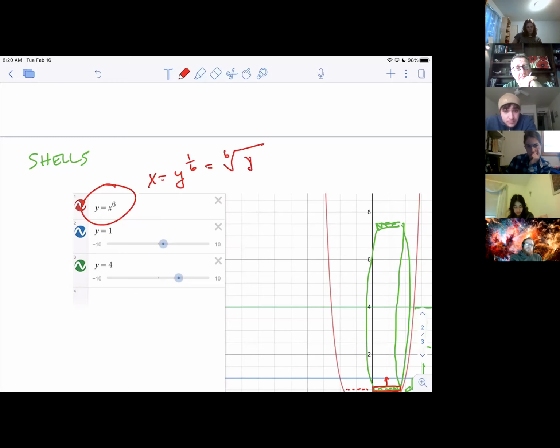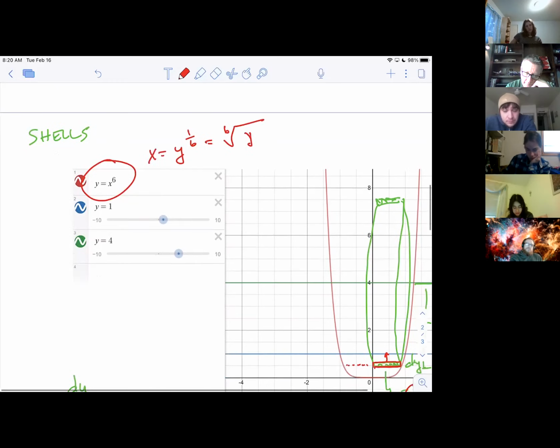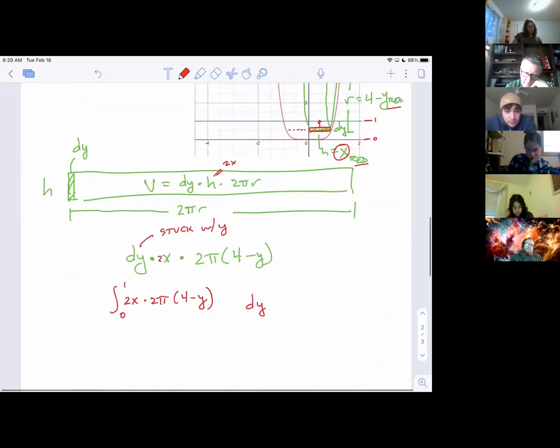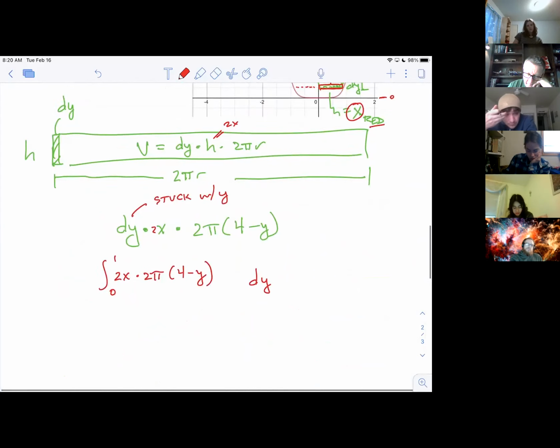That's what x would be. And then if you want to, you can look at all these constants, 2 times 2 times pi. In other words, there's a 4 pi out front that I'll ignore till later. And that x is the 6th root of y. And I have a 4 minus y.